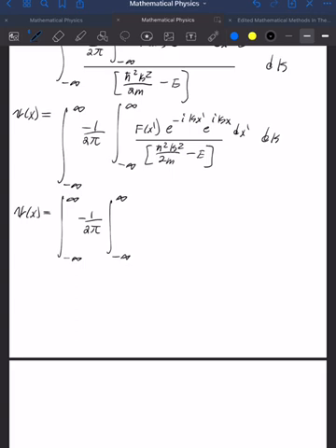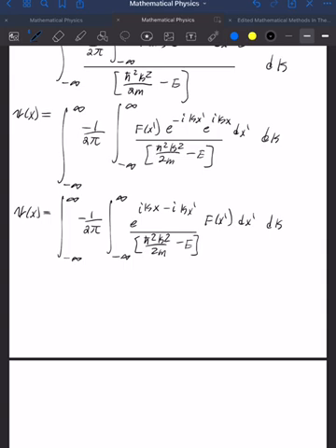Pretty simple. This is going to be e to the i k x minus i k x prime, f of x prime dx prime dk over h bar squared k squared over 2m minus E.